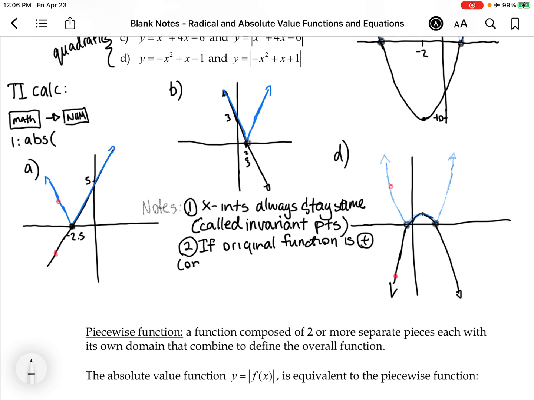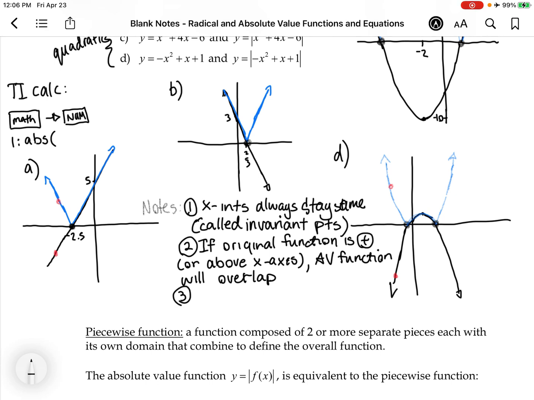Or you can think of it as above the x-axis. The absolute value function will overlap.